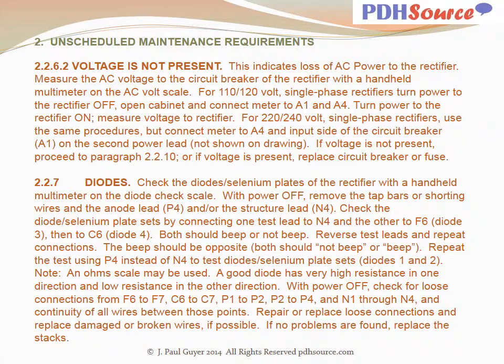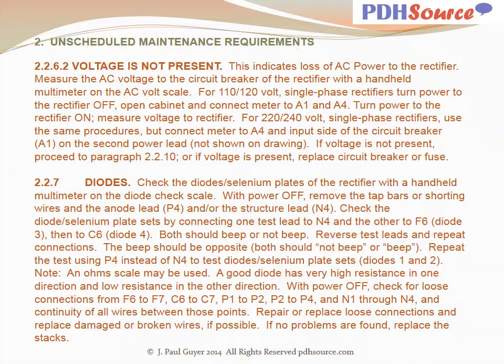2262, when voltage is not present, this indicates the loss of AC power to the rectifier. Measure the AC voltage to the circuit breaker of the rectifier with a handheld multimeter on the AC volt scale. For 110, 120 volt single phase rectifiers, turn power to the rectifier off, open the cabinet and connect the meter to A1 and A4.